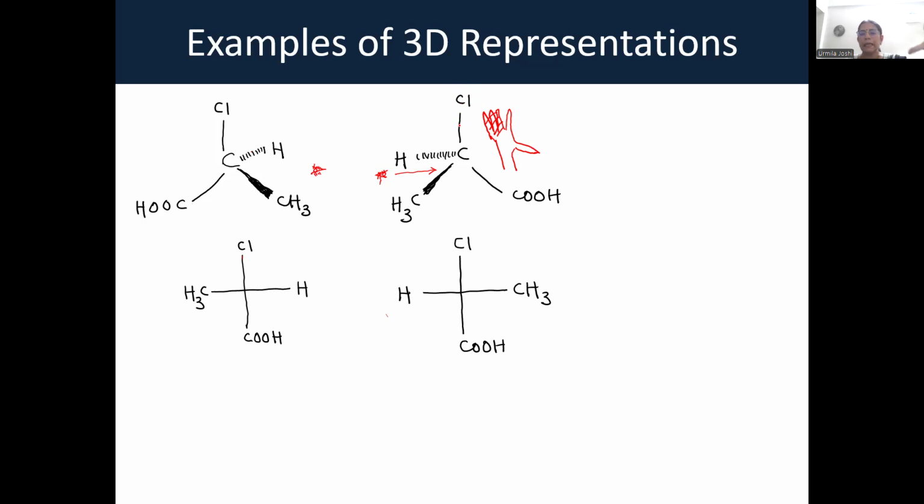Obviously, when you hold it like this, the second finger, I'm very sorry for this, but in the screen that you are seeing a mirror image. But you try to hold your hand in this position. So this finger is pointing towards chlorine and your thumb is pointing towards COH, right?